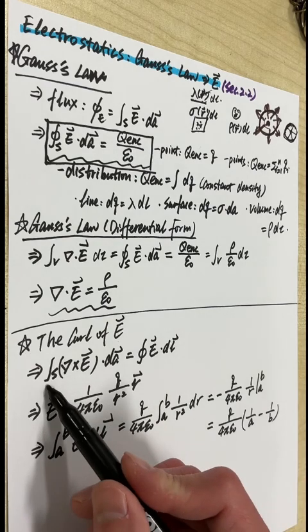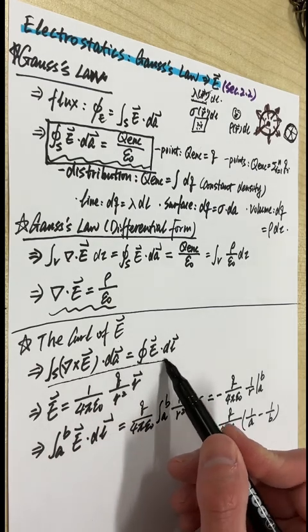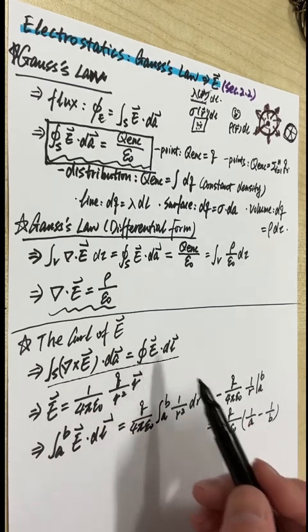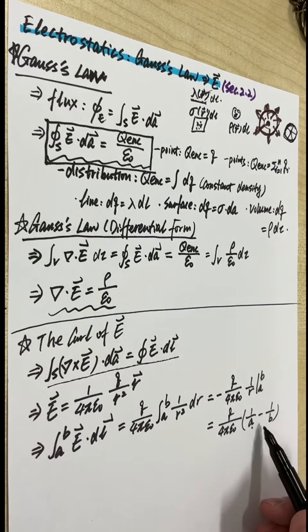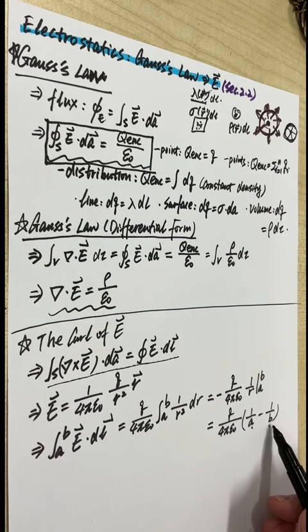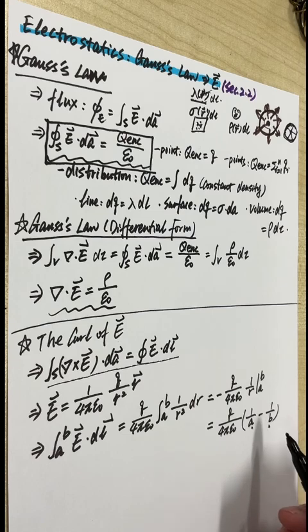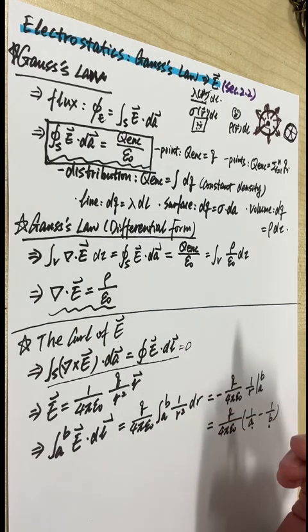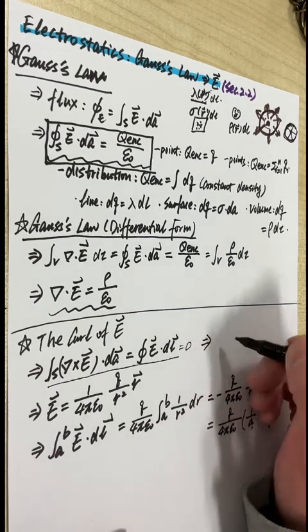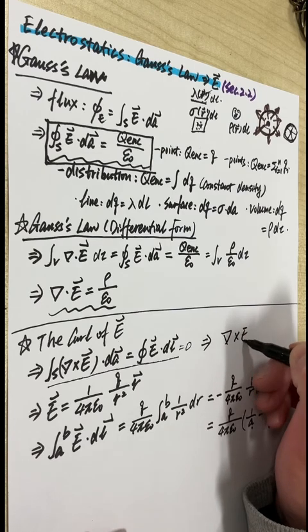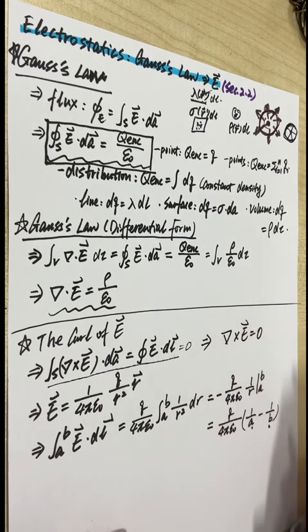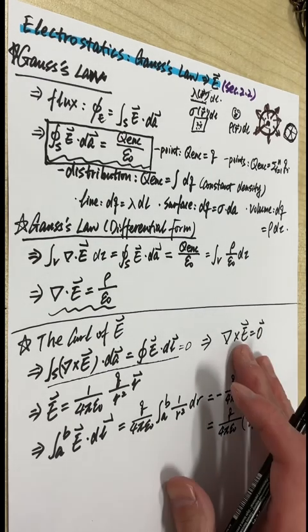But from the fundamental theorem for curl, we have a closed loop. So when the starting point equals the end point, this equals 0. This tells us that the curl of E equals 0.